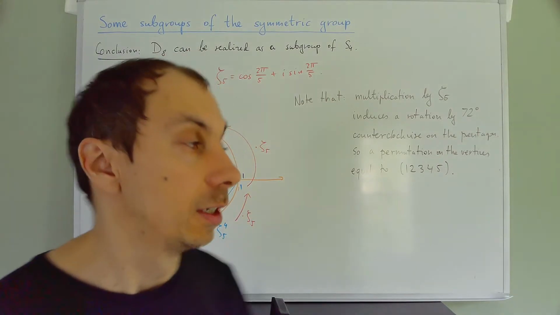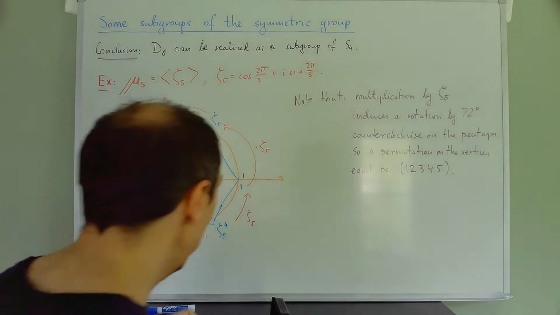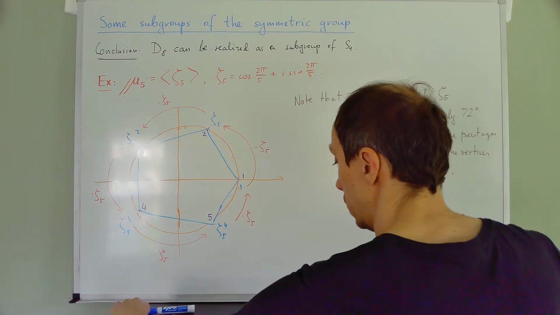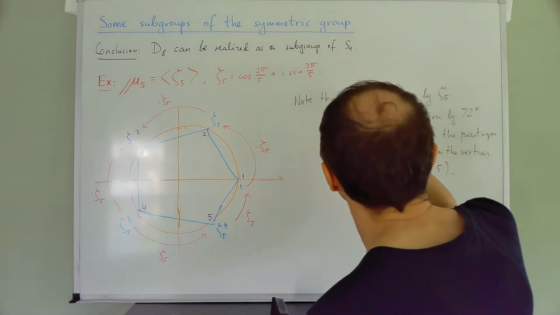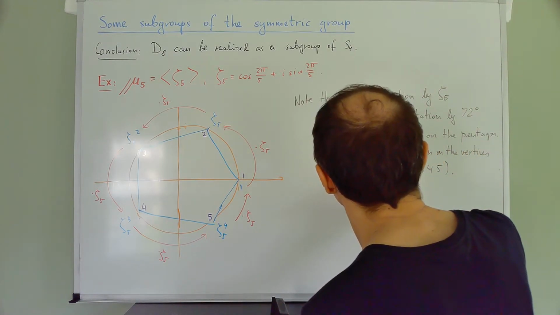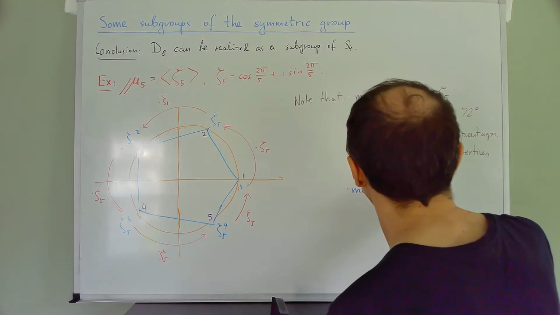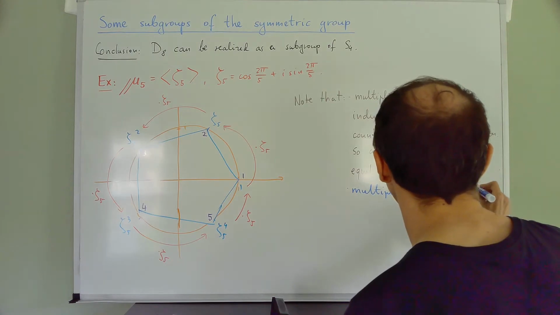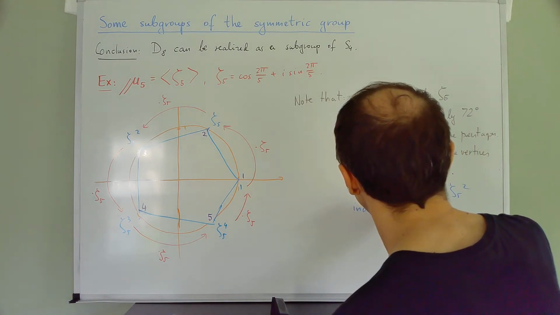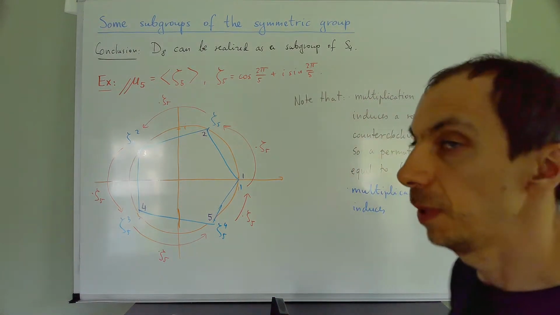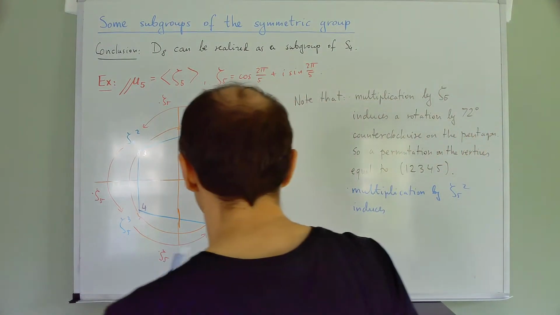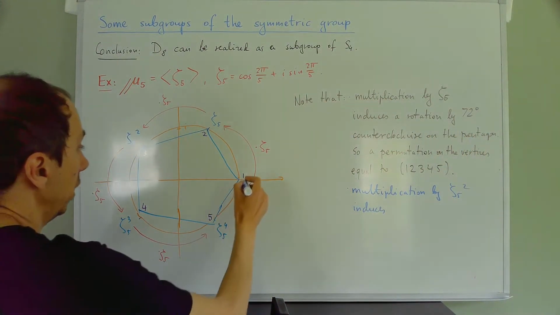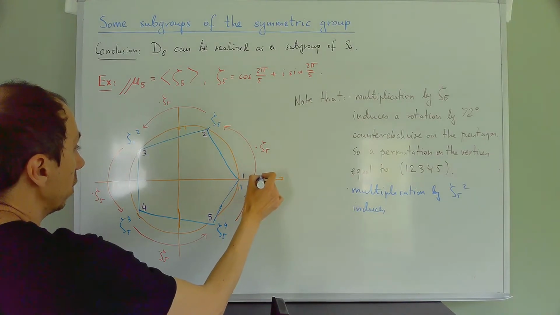What about multiplication by zeta 5 squared? It induces what? If I multiply by zeta 5 squared, then 1 would go all the way here.